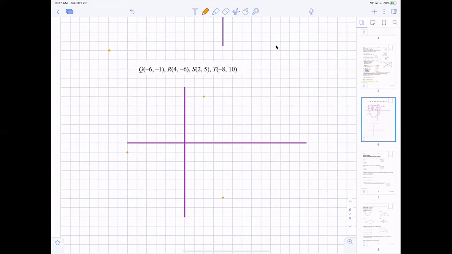Yeah, that's what I got too. All right, thank you. Bless you. So now we know it is probably going to be a rhombus, correct?